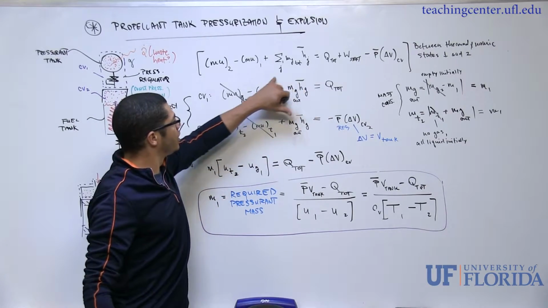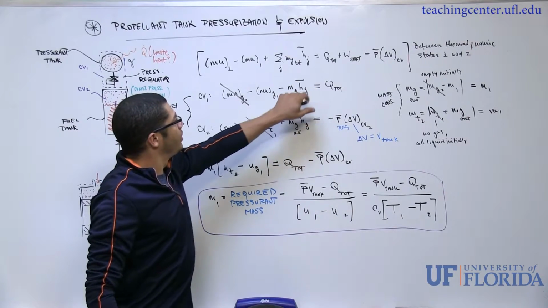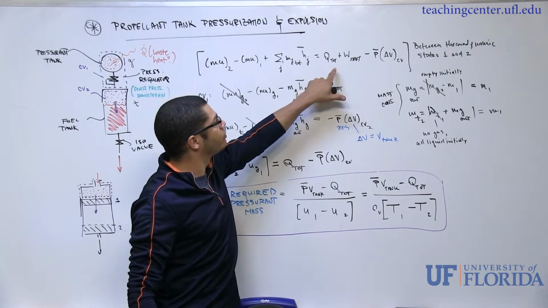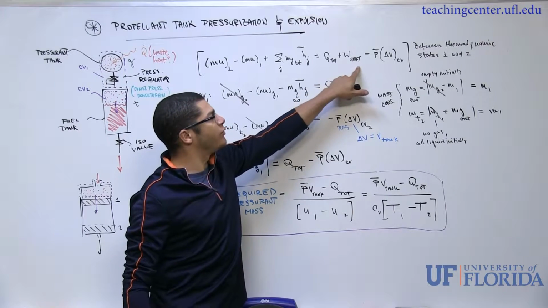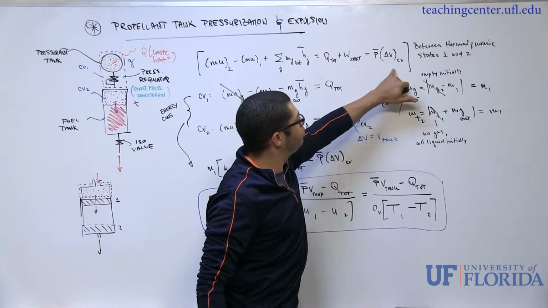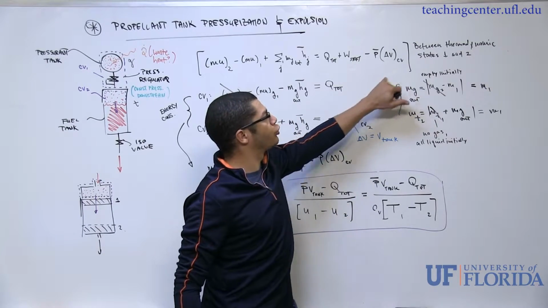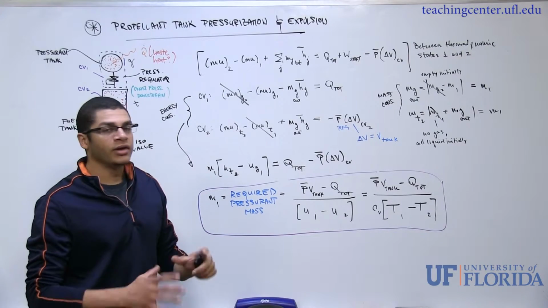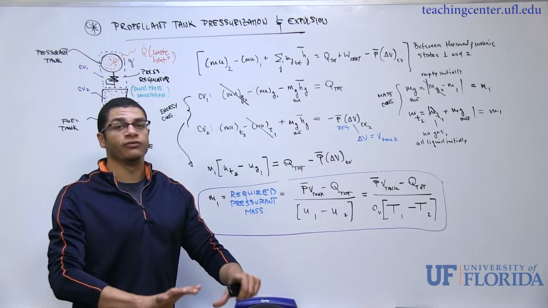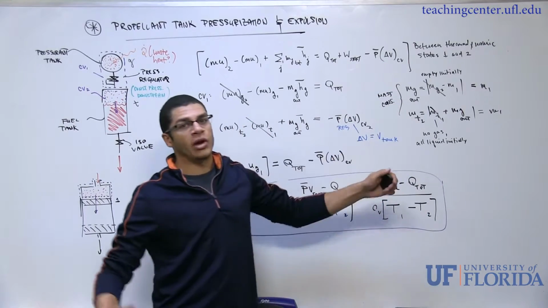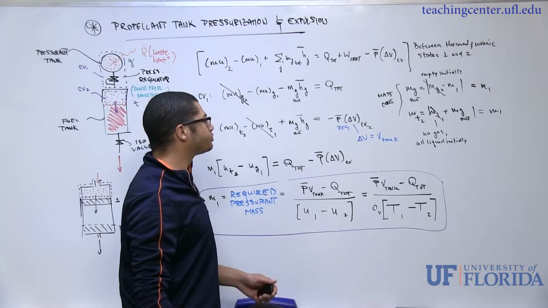So the total enthalpy flux is equivalent on the right-hand side to the total amount of heat transfer, the total amount of energy added to the system via shaft work, and then minus this boundary work term, so the average pressure of the system times the change in volume of the system. Okay, so this is working against the surroundings, or the surroundings working against the system.